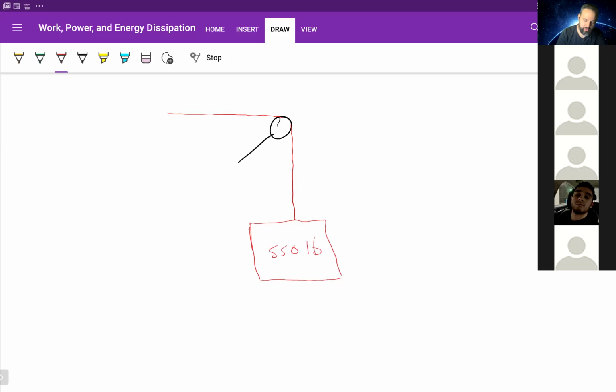And then he had a horse over here pulling that direction. And so what he did was he measured how fast a horse can lift 550 pounds by 1 foot.